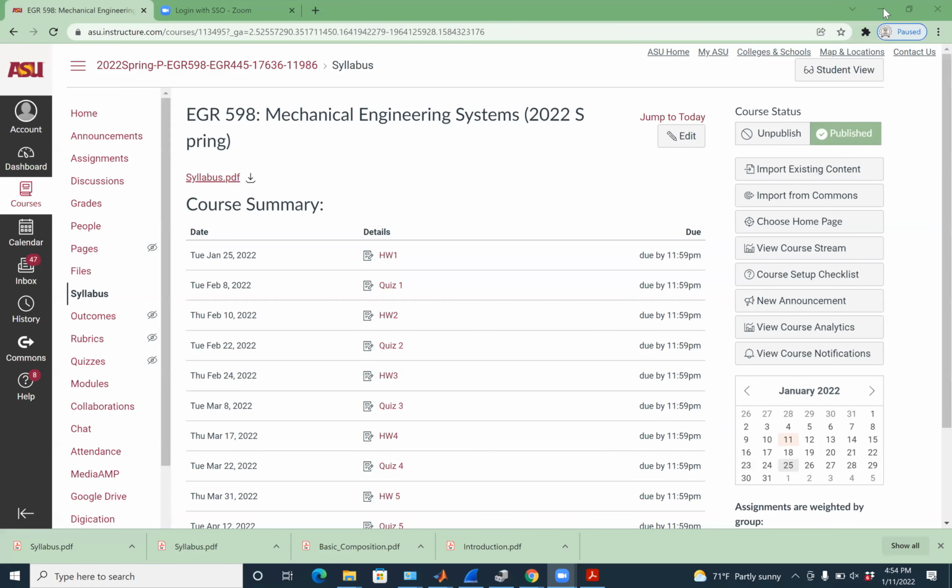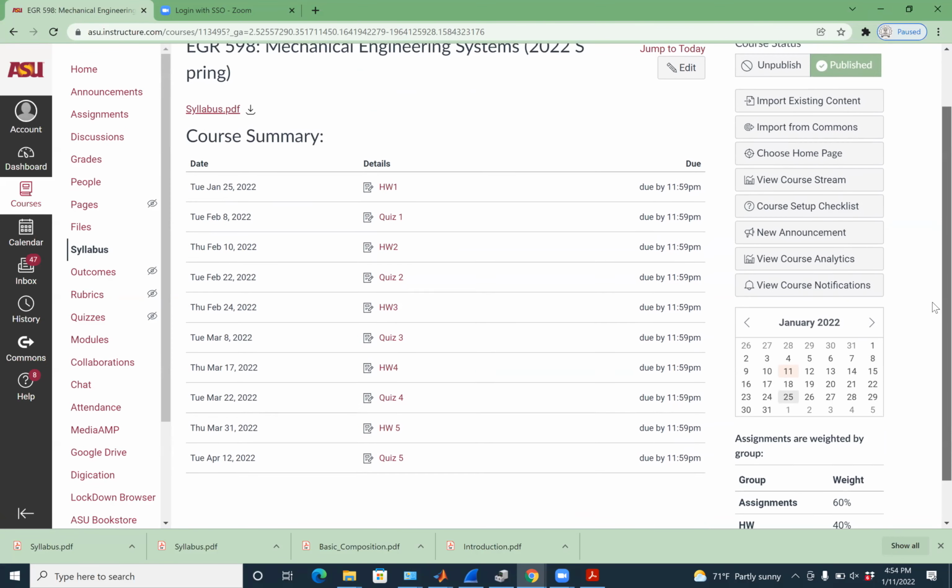Okay, you should be able to see everything now. So these are all the homeworks and quizzes. If you look at these, there are 5 homeworks and 5 quizzes.